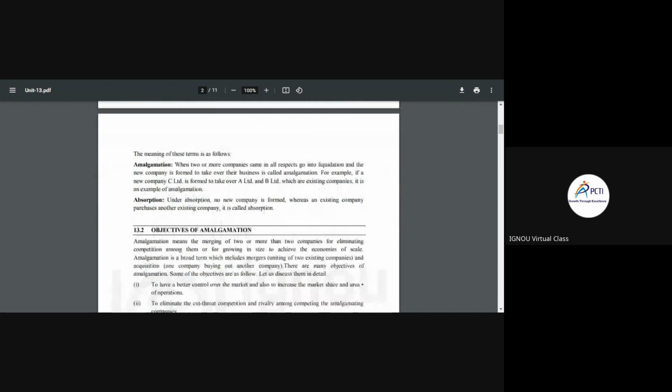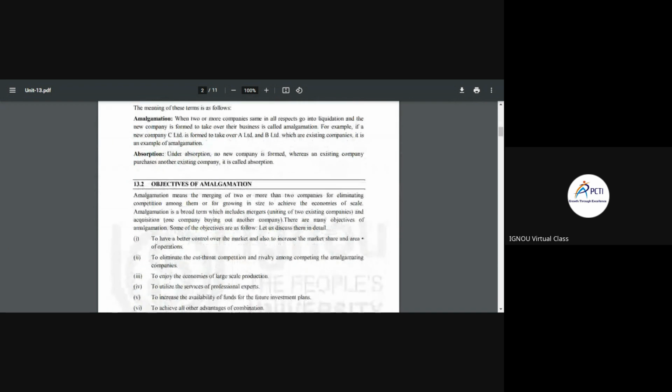First of all, we need to know the meaning of amalgamation. When two or more companies, similar in all respects, go into liquidation and a new company is formed to take over their business, that is known as amalgamation. For example, if a new company C Limited is formed to take over A Limited and B Limited, which are existing companies, it is an example of amalgamation.